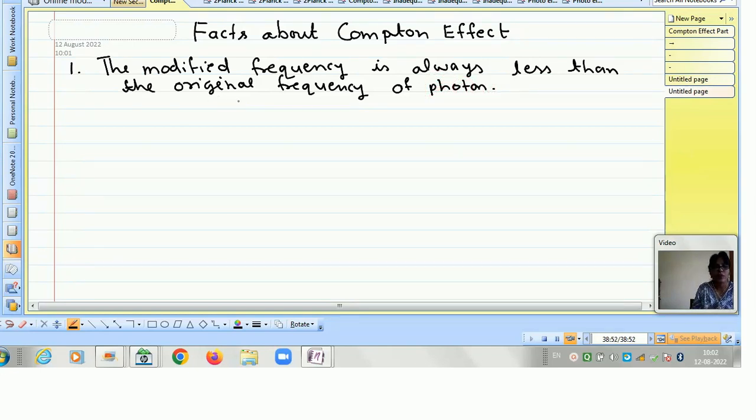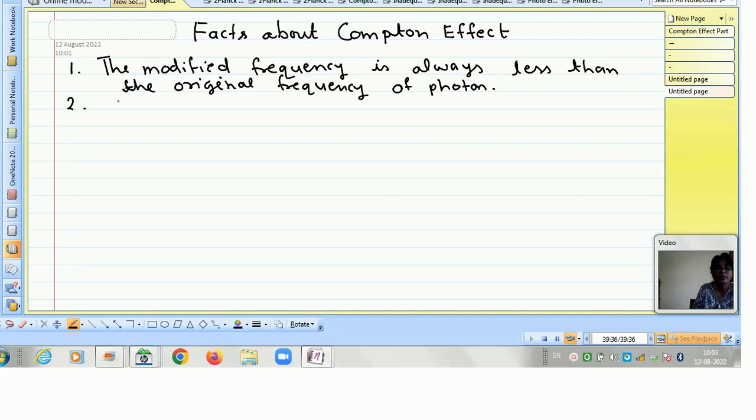This fact is also very obvious because we are giving some energy h nu as the original energy of the original photon, and because the photon gives some part of its energy during collision to the electron, it will have less energy as the scattered photon, and therefore the energy of the scattered photon will always be less than the original incident energy of the photon. And because the frequency is directly proportional to the energy, it is obvious that the modified frequency is always less than the original frequency of the photon.